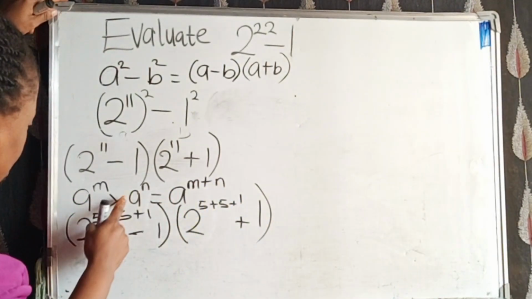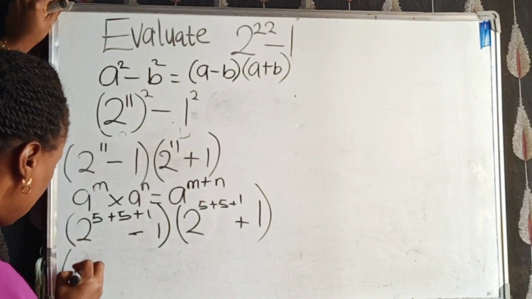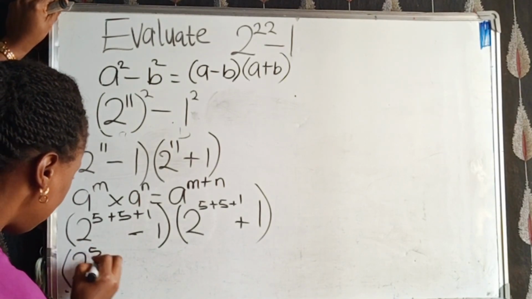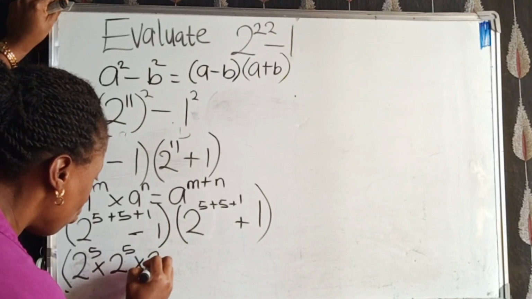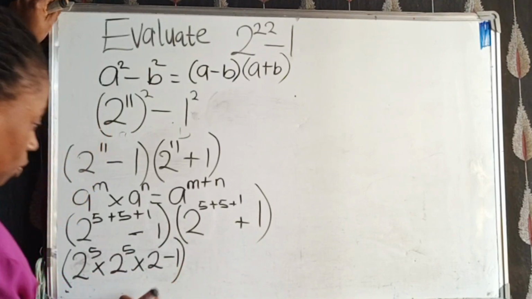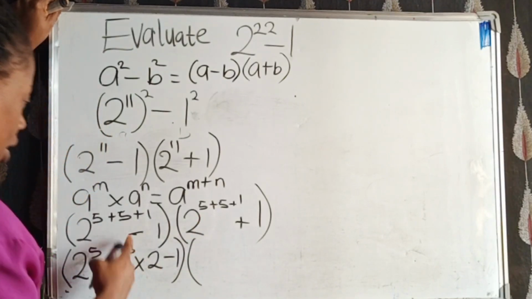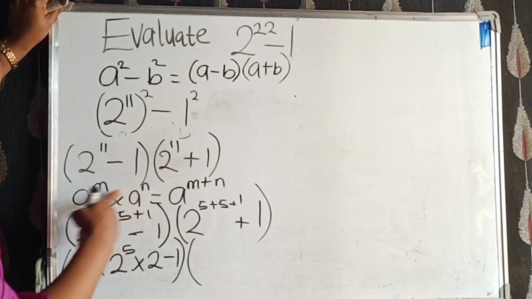To express it in this form is the same as 2 raised to the power of 5 times 2 raised to the power of 5 times 2, minus 1. We do the same here, as we are expressing this one in this form now.